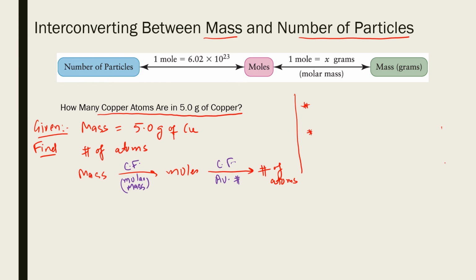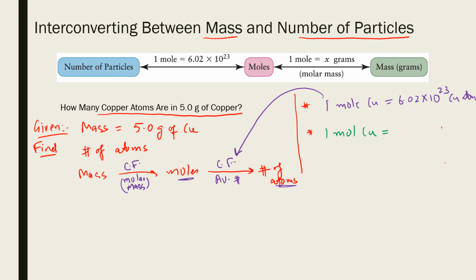So we know that 1 mole copper is equal to 6.02 times 10 to the 23 copper atoms, right? So that's the relationship between moles and atoms. So we can use this to find a conversion factor where we go from moles to the number of atoms. Now the second relationship which we can write is: 1 mole of copper will weigh how many grams? Its molar mass in grams.